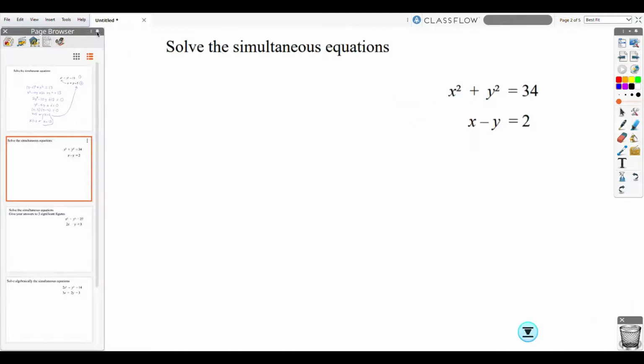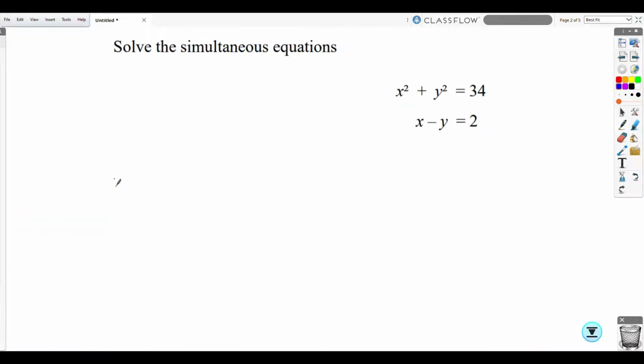Now we'll move on to an example where y and x aren't already rearranged for us. So once again you want to label them 1 and 2. You want to ideally substitute equation 2 into equation 1 to get rid of one of the squares. Problem is we don't have an x or y equals. With this one you can choose which one. I feel it would be easier to do x equals since that's already positive. So I can rearrange this to get x is equal to 2 plus y.